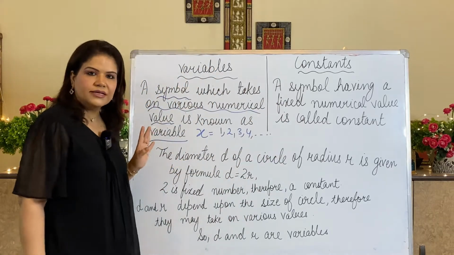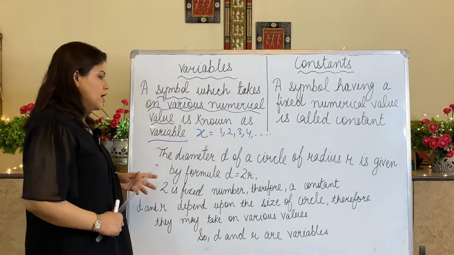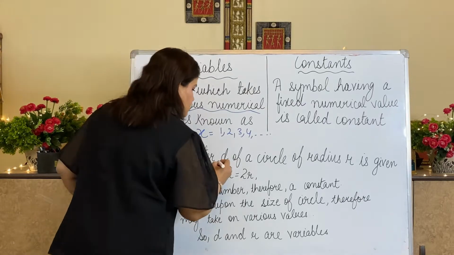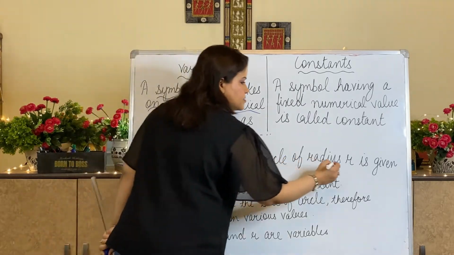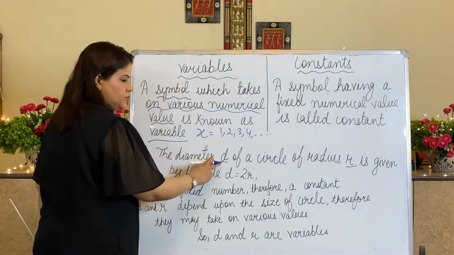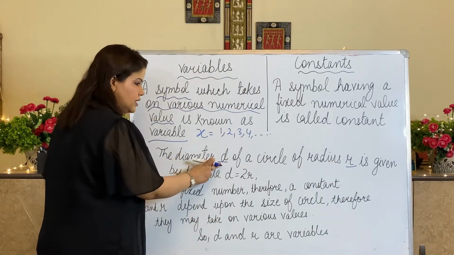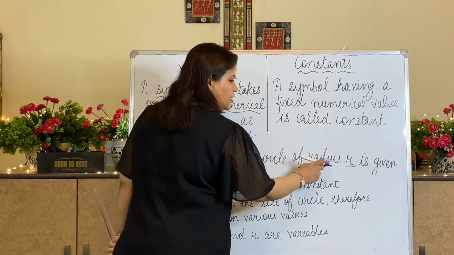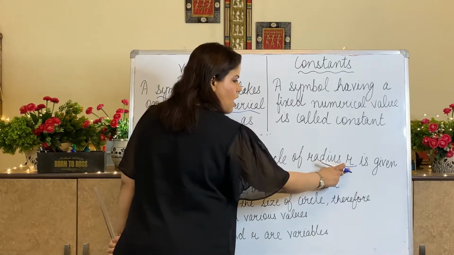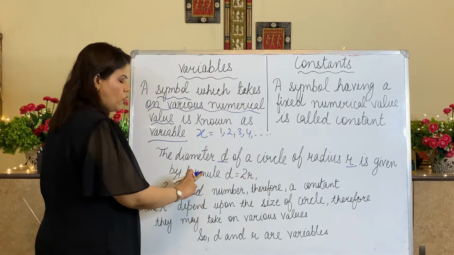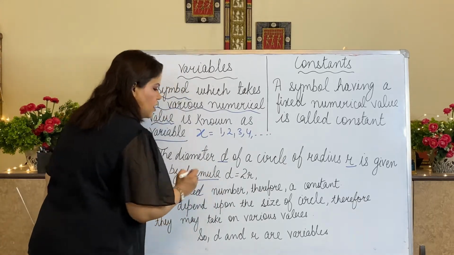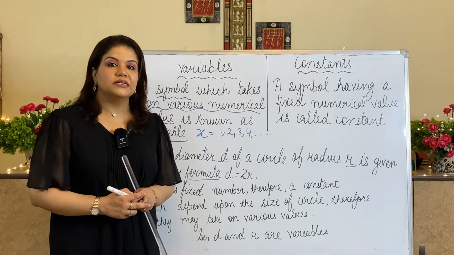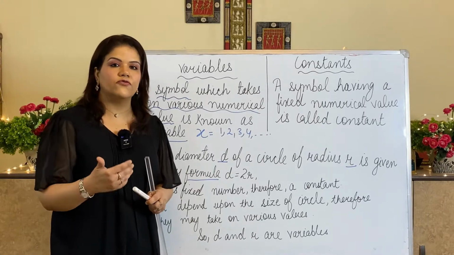I am taking one example to explain to you. The diameter d of a circle of radius r is given by a formula. I told you in my last video, in algebra, letters help us to generalize the formulas.